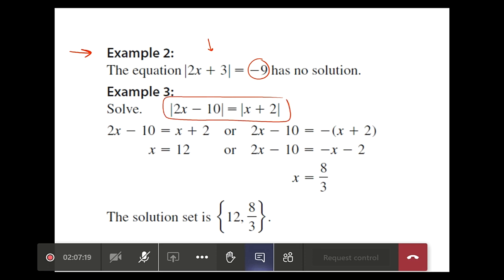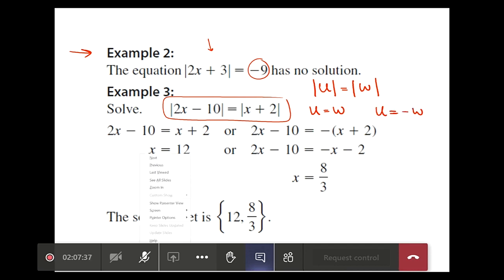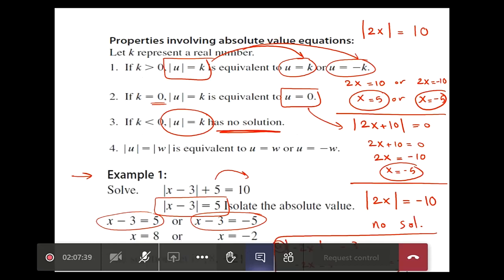If we have absolute value on both sides, for example |u| = |w|, put u equal w and u equal negative w only, just like this. I think this was written before.